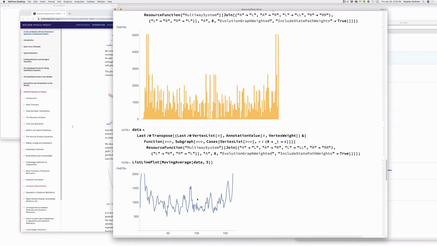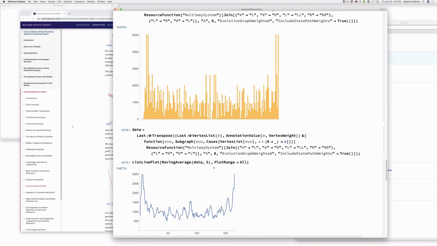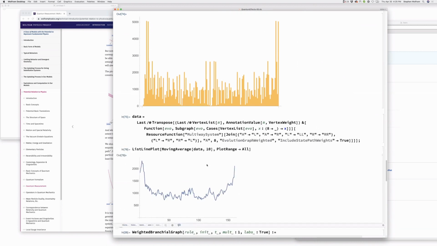And let's, no, it's too disgusting that this is looking sort of vaguely sinusoidal, totally coincidental. Okay, let's just try more smoothing. Yeah, well, whatever. Hard to tell what this is doing.